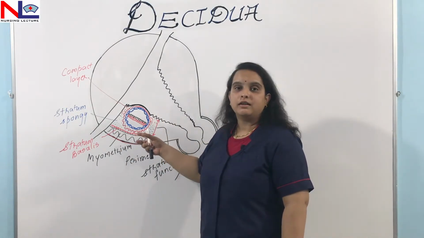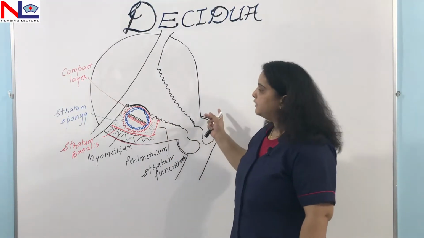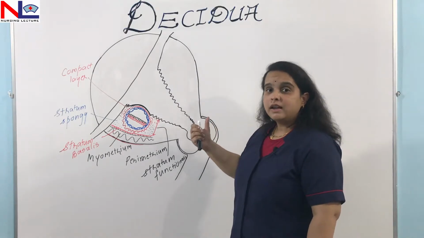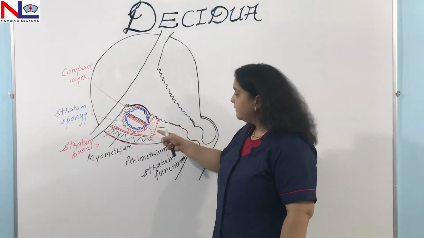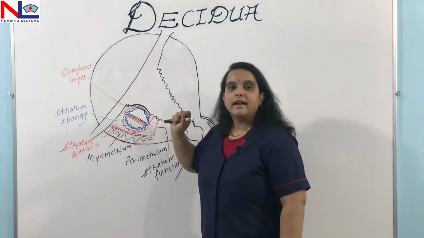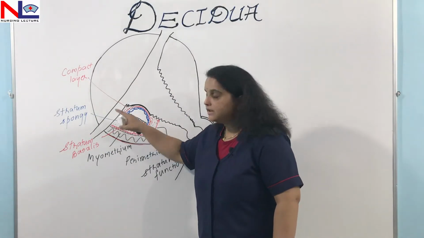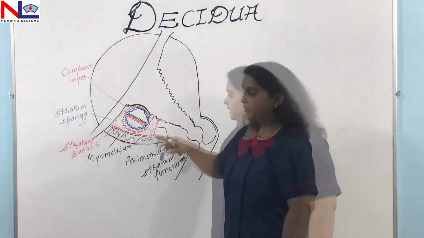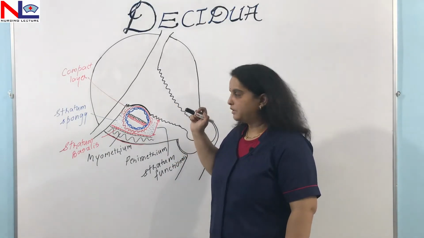These three conditions are more dangerous situations in a woman. In this video we'll only see the normal implantation, where the blastocyst invades only the functional layer of the endometrium and does not involve the basal layer. This basalis forms the new functional layer after childbirth.